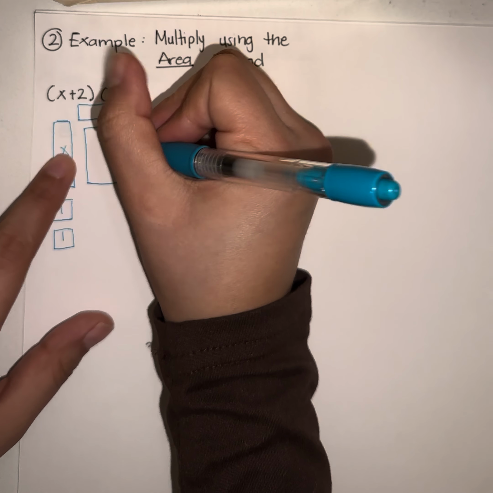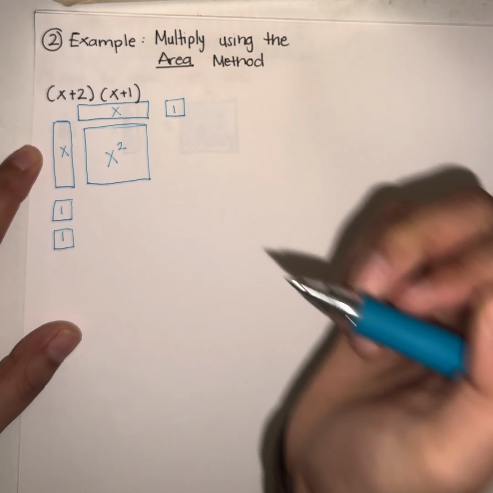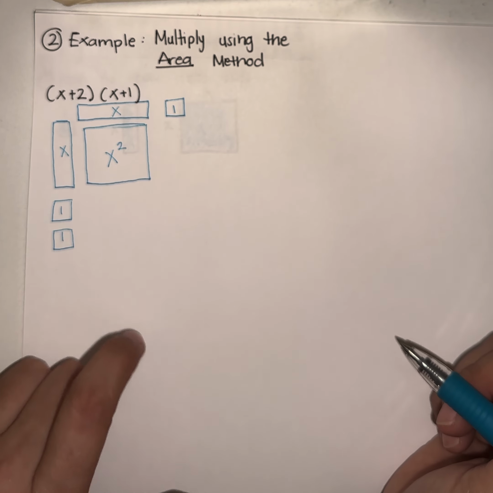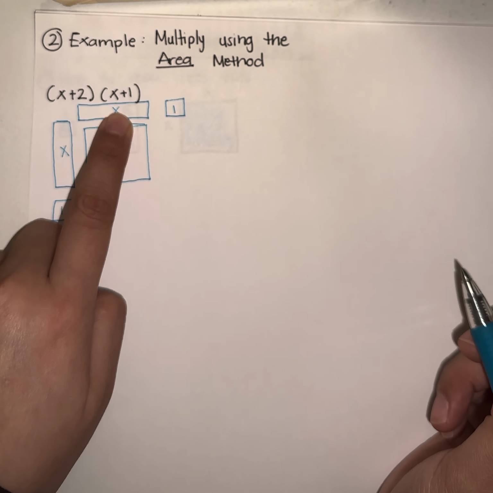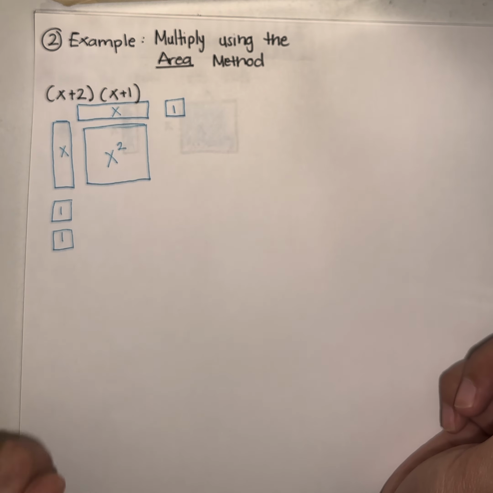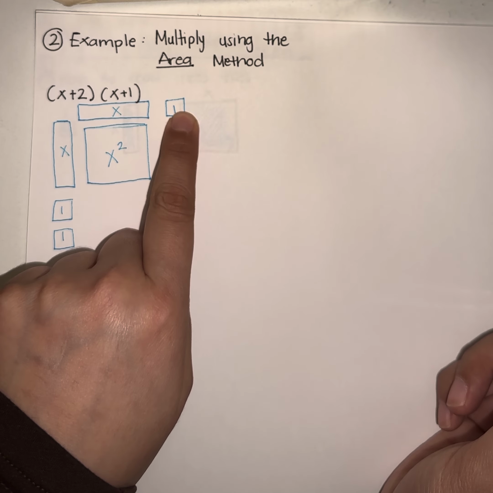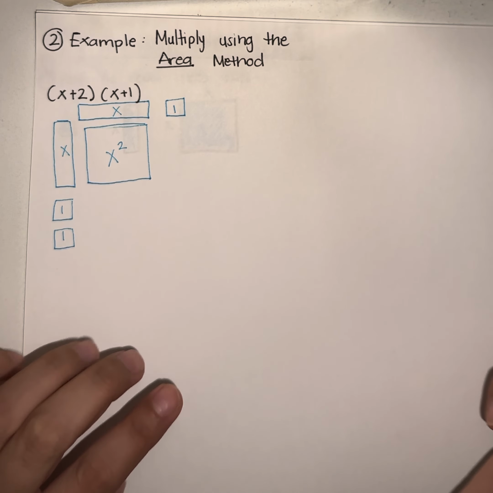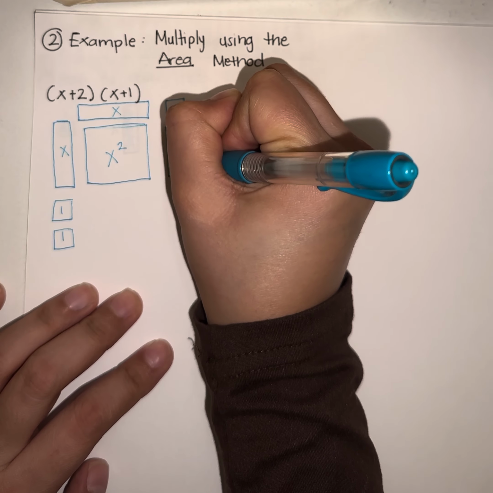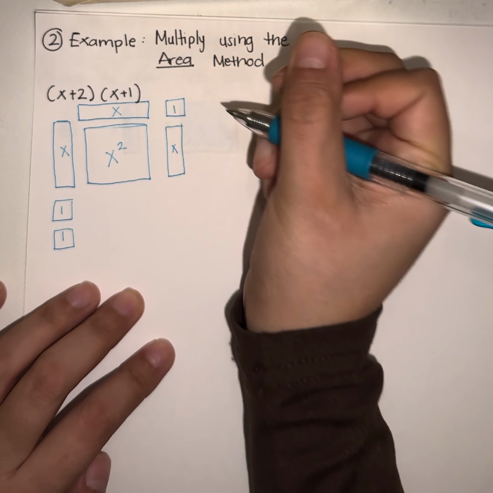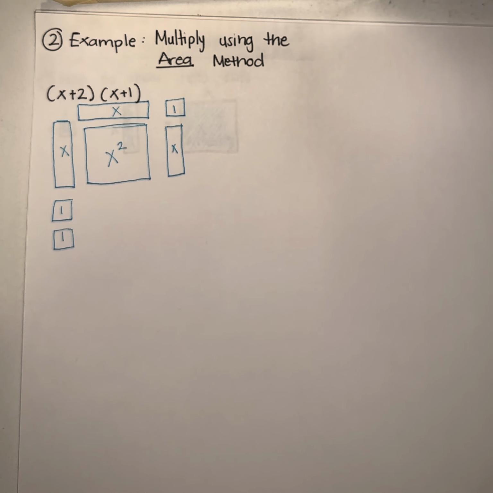X times x is x squared. Now, what is x times 1? Got it. Just x. Represented with this. You just put that there so we don't get confused.